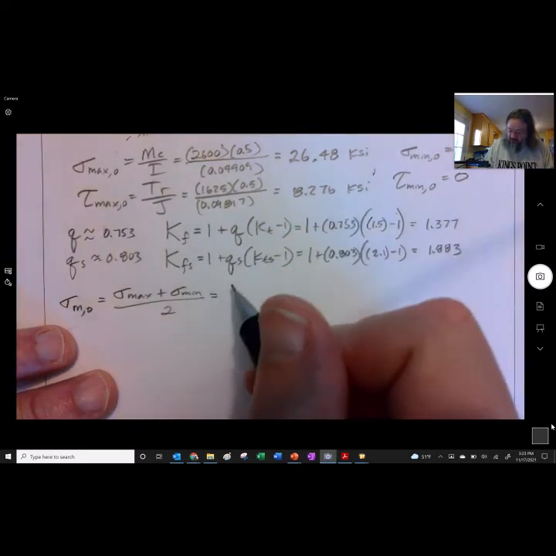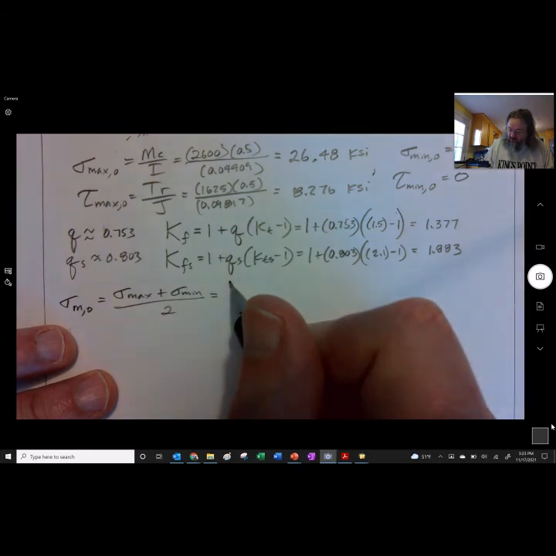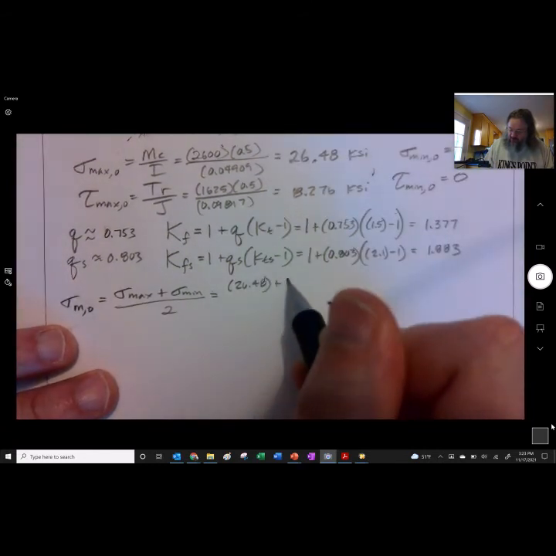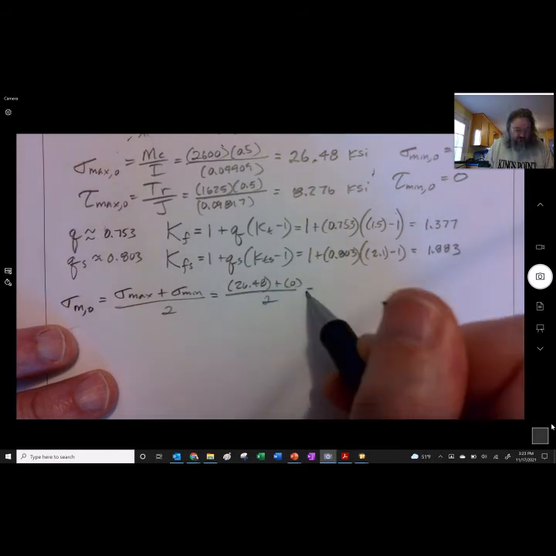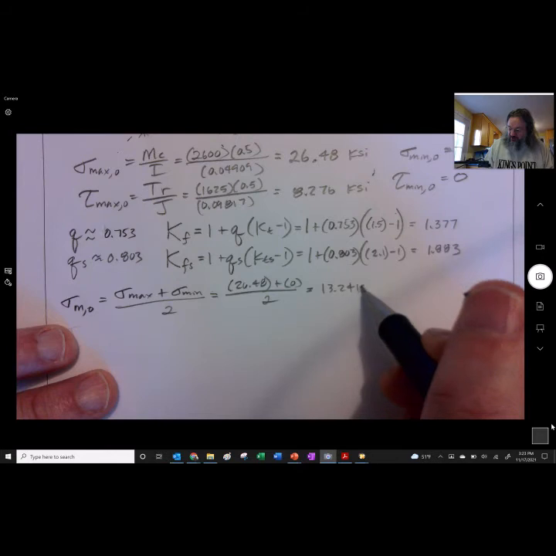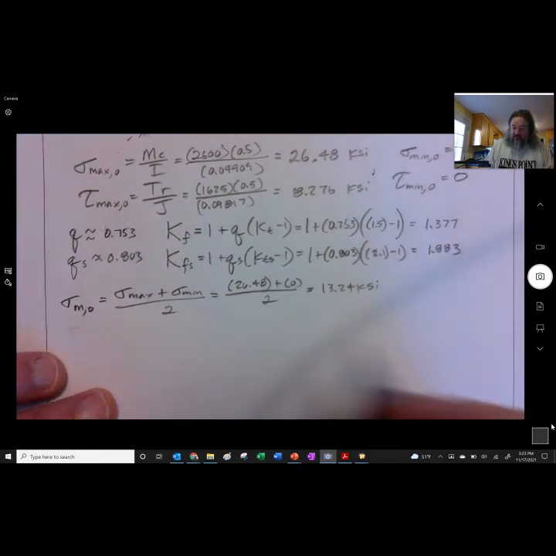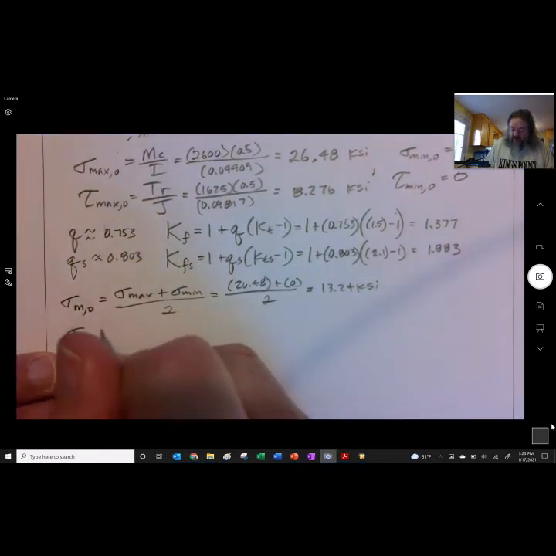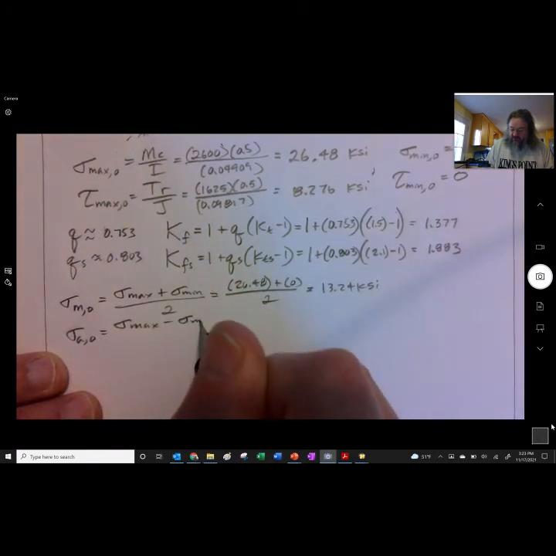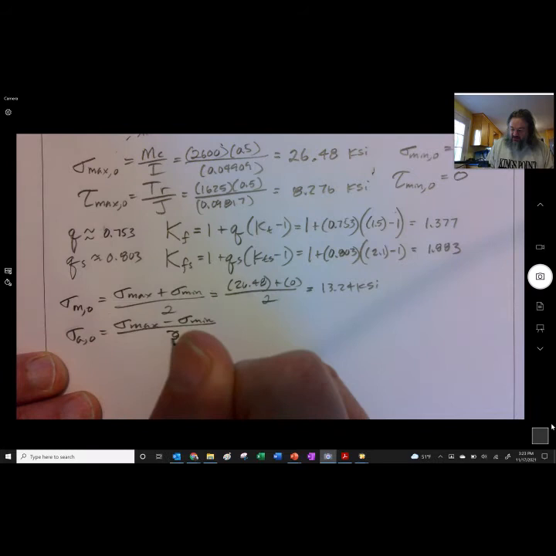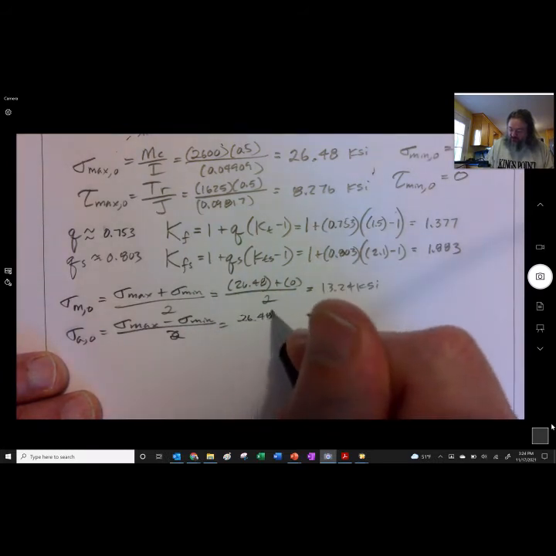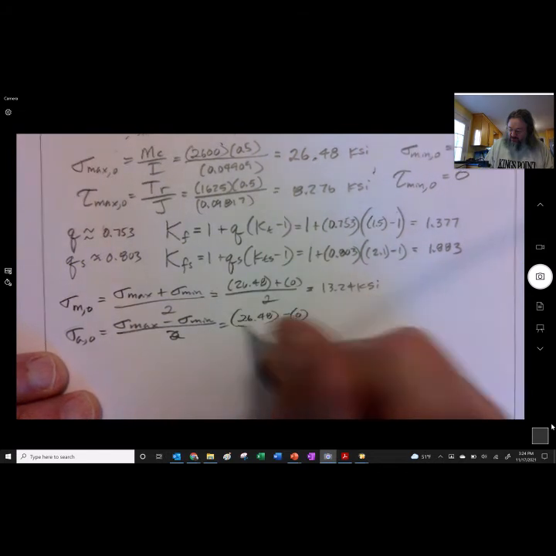That's simply going to be 26.48 plus 0 divided by 2, which gives us 13.24 KSI. But if you think about it, the alternating is the max minus the min, but the min is still 0.